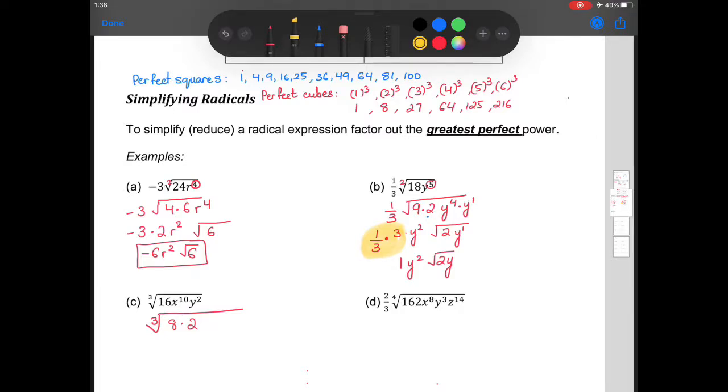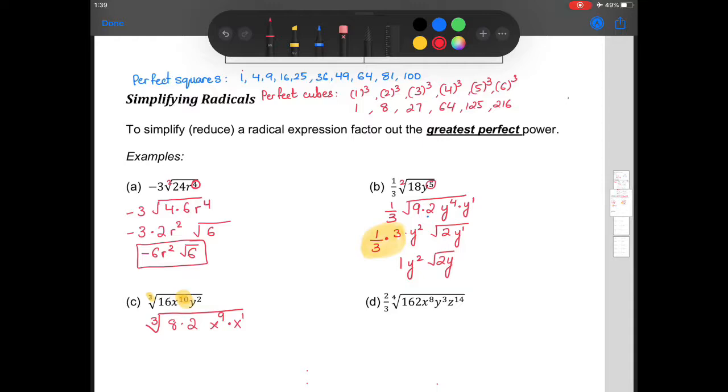So if this is x to the 10th, I'm going to highlight these so we understand them better, right? And my root is 3. So this should be a multiple of 3. Is 10 a multiple of 3? No, it is not. Okay, but can I break it down? Yes, I can. I can break it down into x to the 9th times x to the 1st, right?